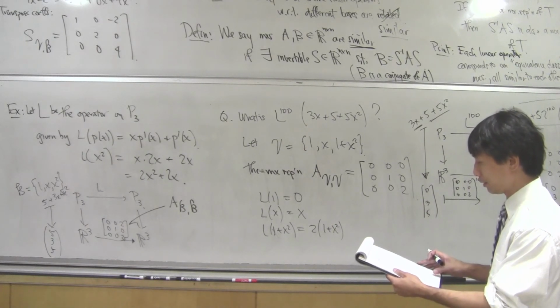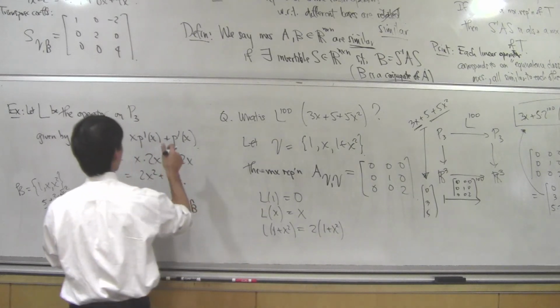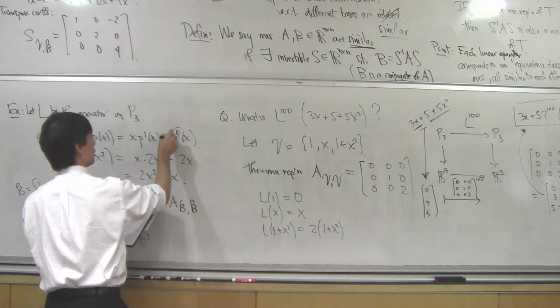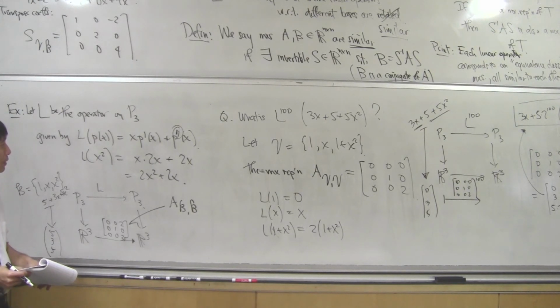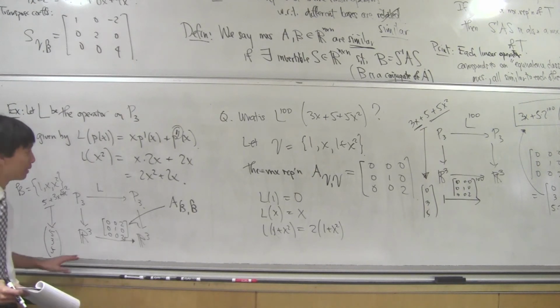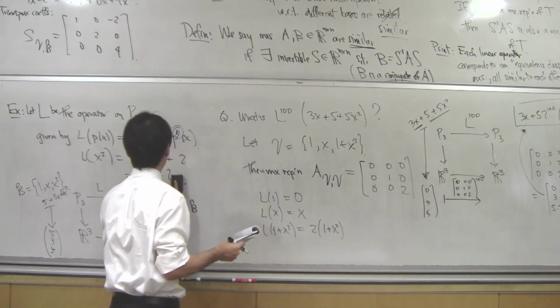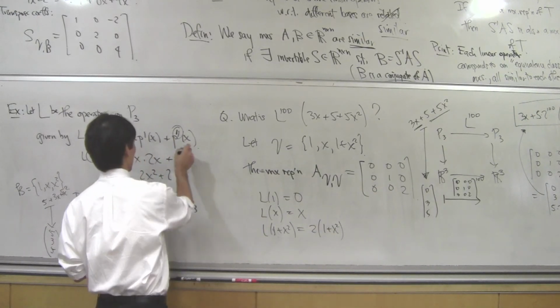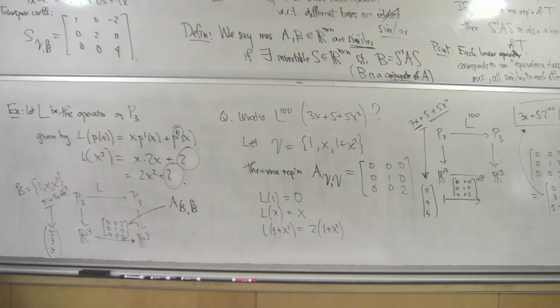So even over there, the matrix should be the second column. I'm sorry, this should be the second derivative. I'm really sorry, I messed up. That makes more sense.